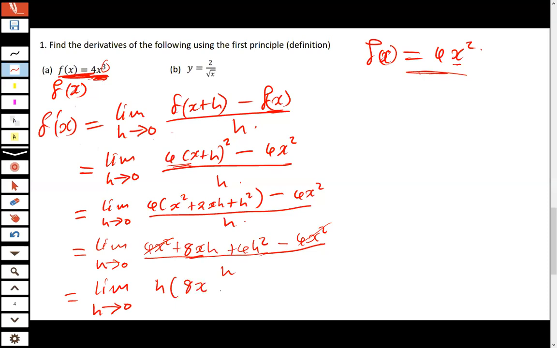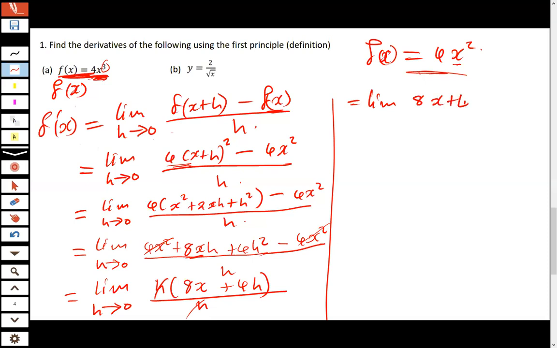Then while there's 4h squared, we just remain with 4h, and everything divided by h. So we have h there, and that h will cancel. So we just remain with the limit of 8x plus 4h as h approaches 0.